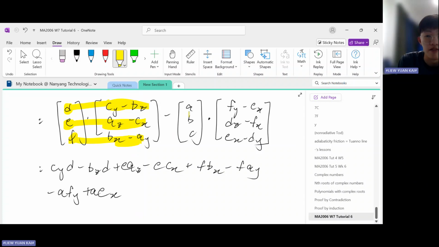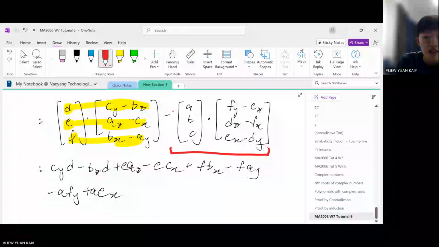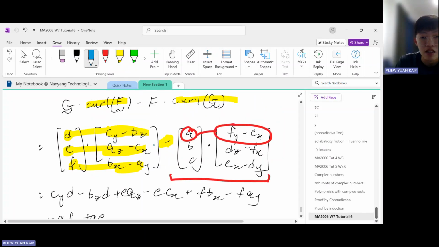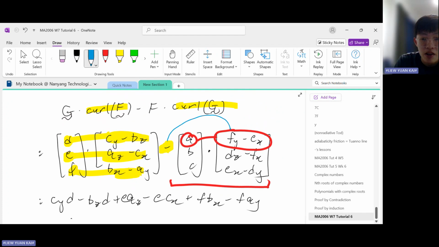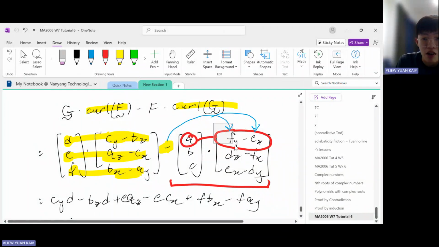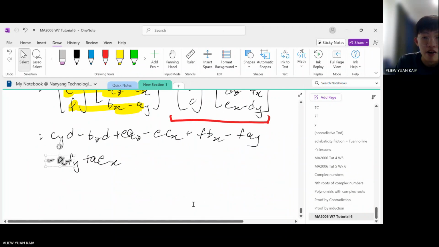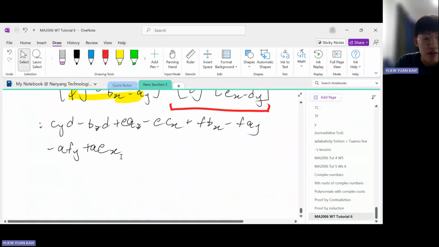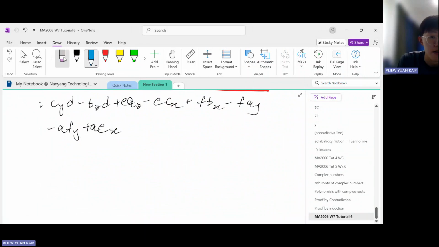Take care when doing the other dot product: after you multiply this with this, don't forget you need to expand this negative sign. This negative sign needs to multiply to him and to him, so minus and plus will give you minus, whereas minus and minus here will give you plus. Let me write this clearly.